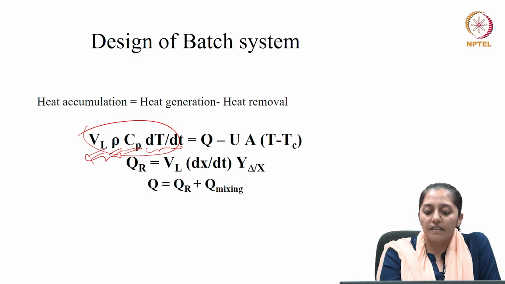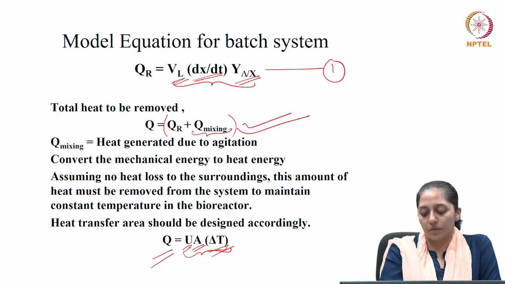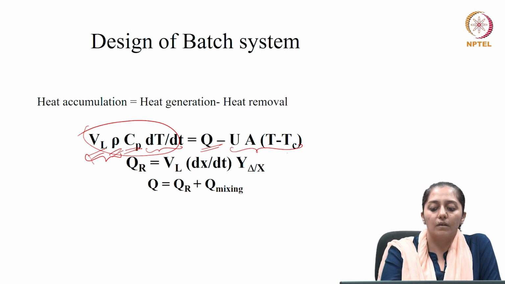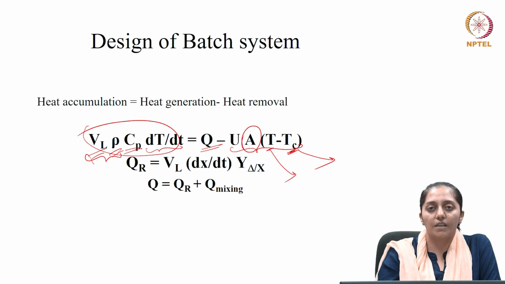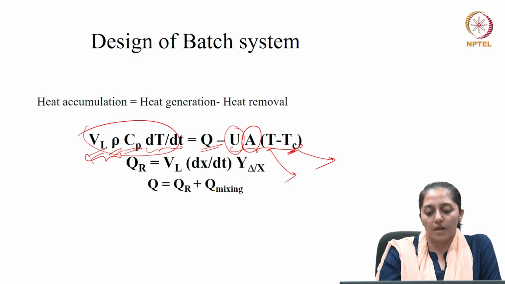Now, heat generated is the total Q which we just saw in the previous slide, due to the mixing and due to the metabolic reaction. Heat removed depends on the driving force. T is the temperature of the fermentation medium and Tc is the temperature of the coolant. A is the heat exchange area, and U is the overall heat transfer coefficient.